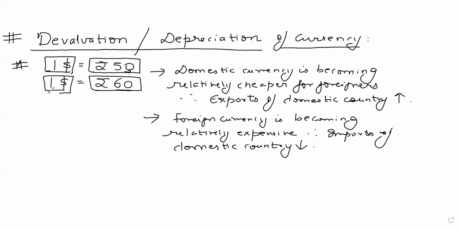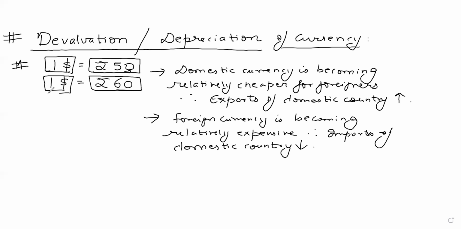So I hope you've understood. Initially we were spending 50 rupees to buy $1 worth of goods. Now to buy the same $1 worth of goods, I have to spend 60 rupees, 10 rupees extra. That means the foreign currency has become more expensive. That means we will reduce our imports.